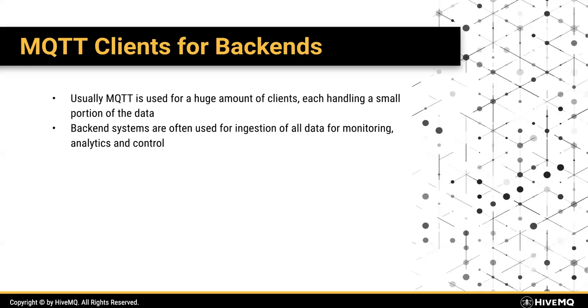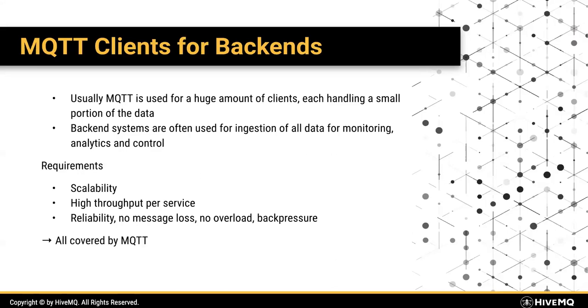And backend systems often need to scale. You start with say 1,000 clients, and then your business case grows to millions of clients, and then you need scalability and reliability.